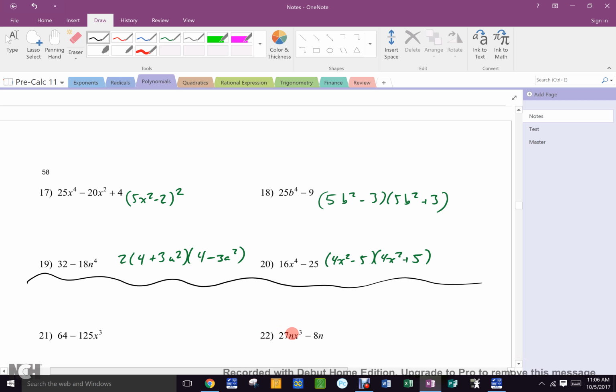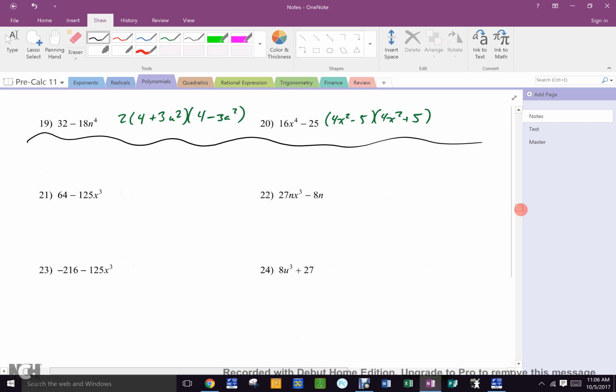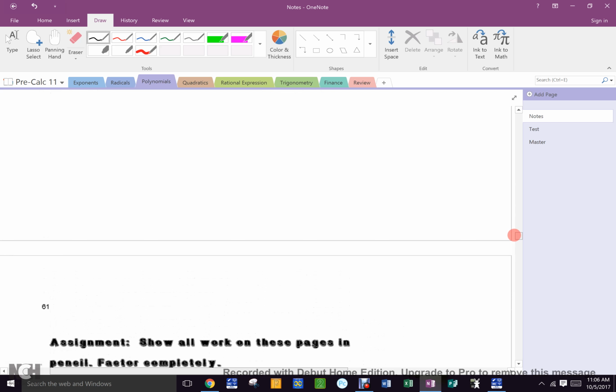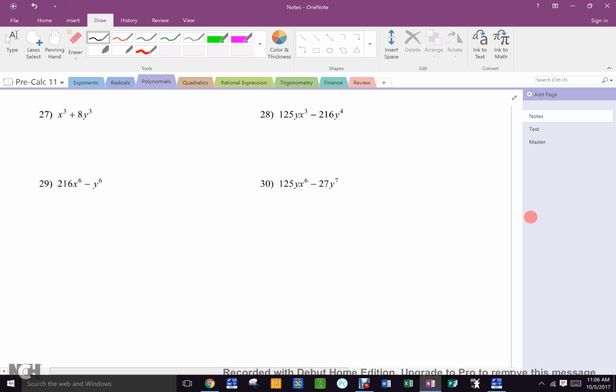From 21 to 30, it's all difference of cubes, or sum of cubes. So now you can finish up to the end of page 60. Okay? That's your job. Tomorrow in class, we're going to do 61.